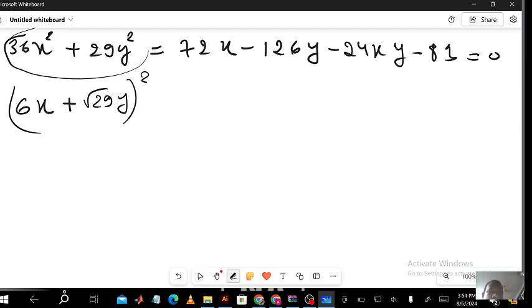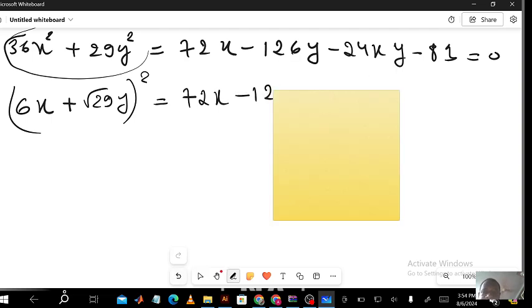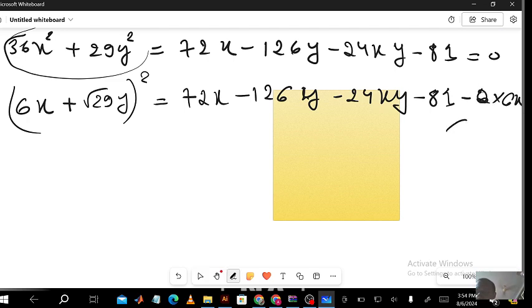How? I will have 72x minus 126y minus 24xy minus 2 multiplied by 6x multiplied by the square root of 29y.